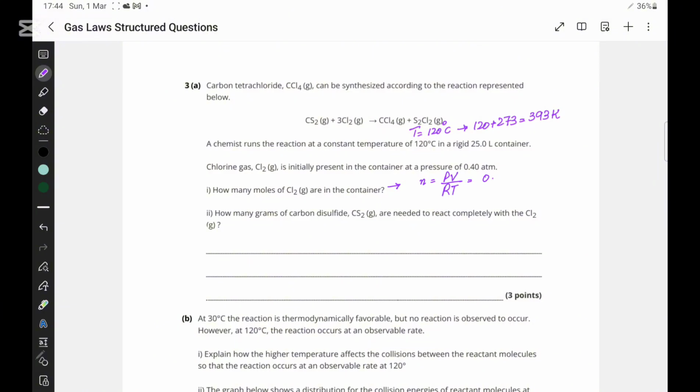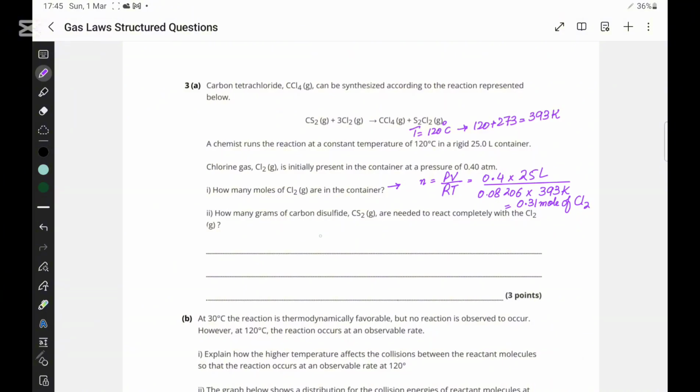Pressure is 0.4 atm, and volume is 25 liter. The value of R is 0.08206 times the temperature, that is 393 Kelvin, and the number of moles comes out to be 0.31 mole of Cl2. So in the next part they are saying how many grams of carbon disulfide are needed to react completely with chlorine in gaseous form.